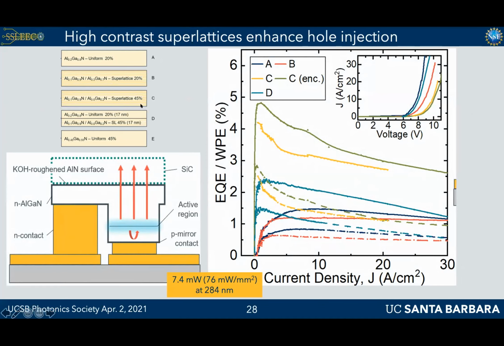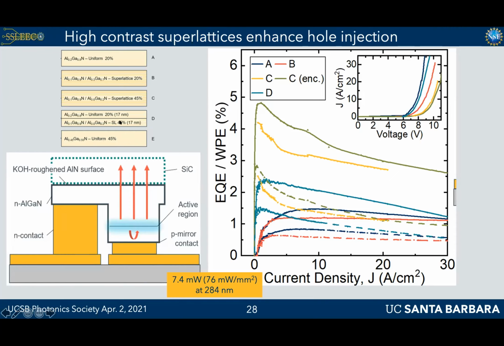If you go to a 45% superlattice, you get a really big enhancement, probably coming from both the light extraction efficiency enhancement and the injection efficiency. However, if you go to 45% with a uniform layer, it's not even on this plot because it didn't even light up. There are no holes in this uniform 45% layer. You cannot get good hole injection from this layer.